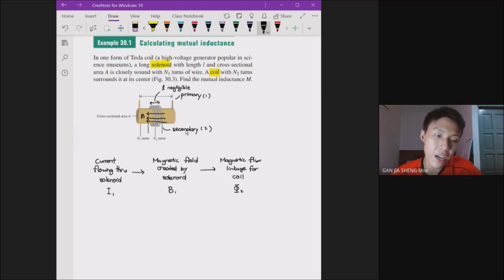Now I also know that the relationship between them is M equals, in this case, phi2 over I1, or you can break it open to become N2 phi2 over I1. This is what we have discussed earlier, but now we are going to break open the magnetic flux for coil 2 and bring in the magnetic field created by the solenoid.